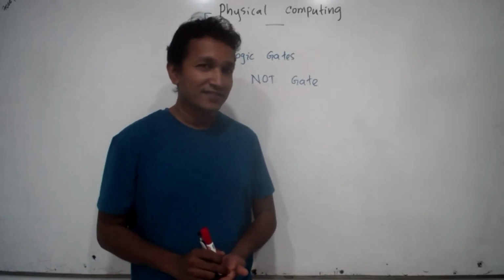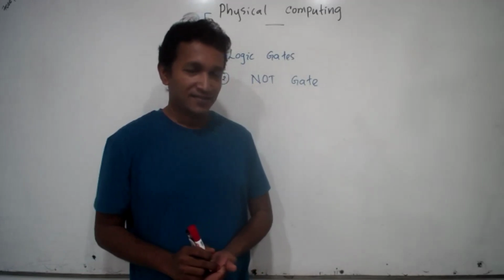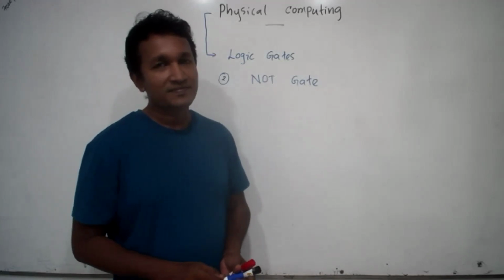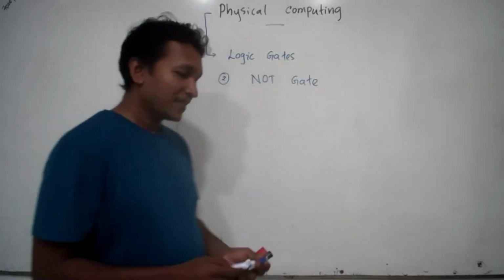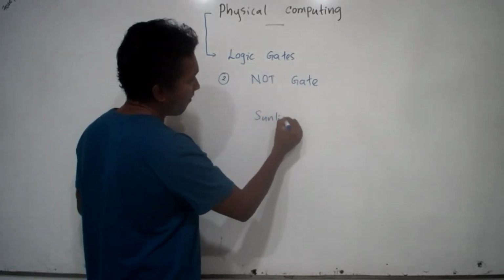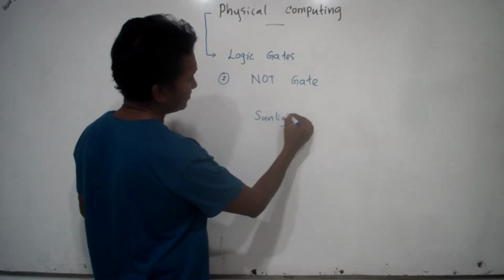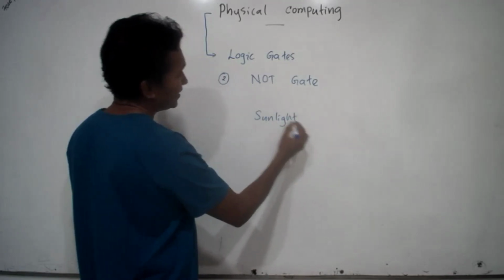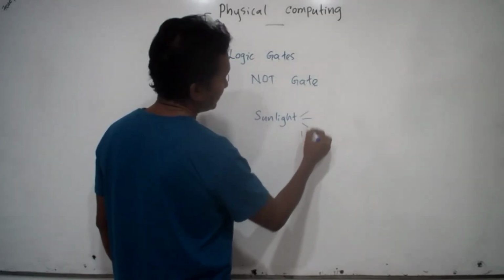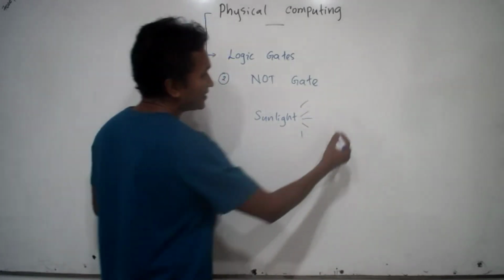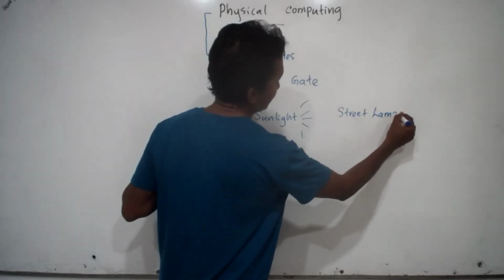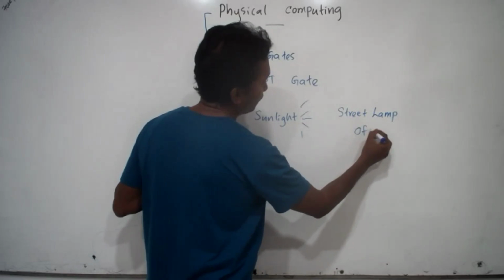When there's sunlight, the street lamp's light is off, and when there's no sunlight, the street lamp's light is on. So when there is sunlight, street lamp will be off.